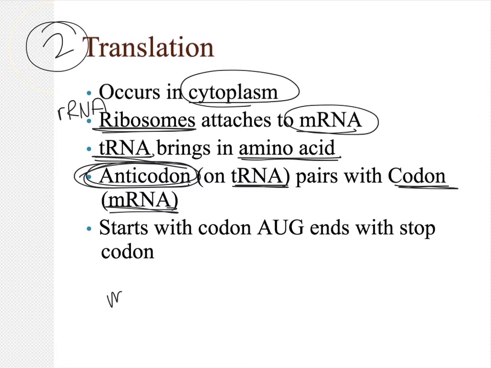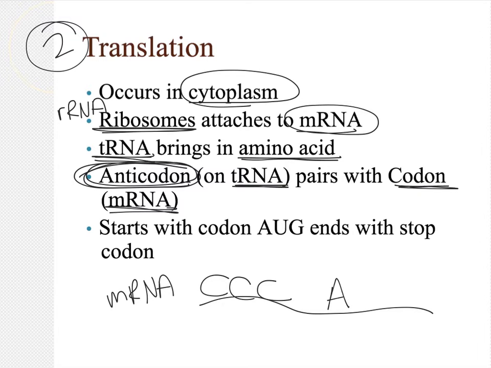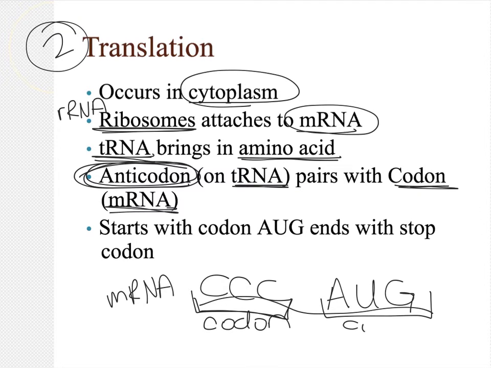So that's where, let's say we have CCC on the messenger RNA, and then let's say we've got AUG. This set of 3 here is called a codon. And on the previous slide, when I matched them up, when the tRNA brought in the piece, it would match up and say, oh, well, this is how I know what goes here.